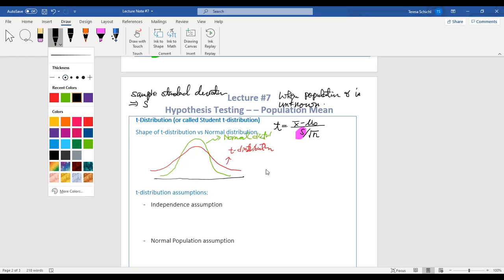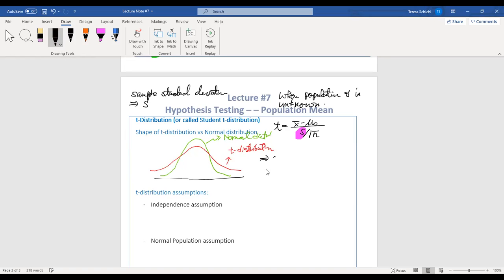The only difference here is the t distribution has a little heavier tail than the normal distribution. So the tails, the areas here, right? The tail is a little heavier than the normal distribution.